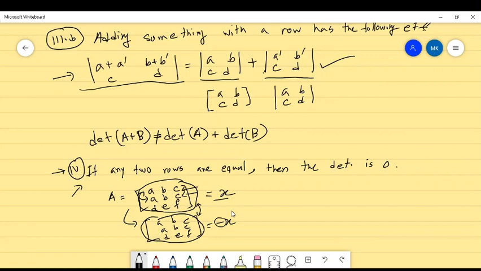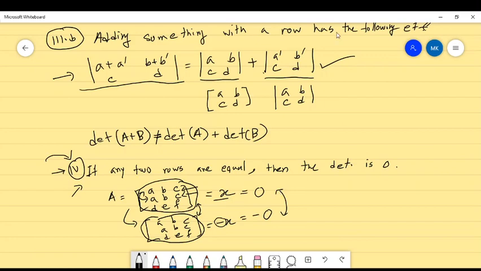We all know that is zero, right? Whenever this value X is 0, then negative 0 or positive 0 doesn't really matter. In this manner you can do the reasoning for property 4. I hope this clears your conception of any two rows being equal, the determinant is 0.